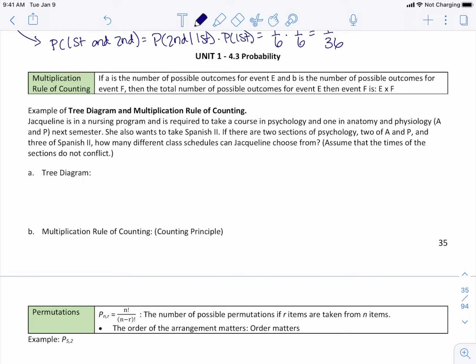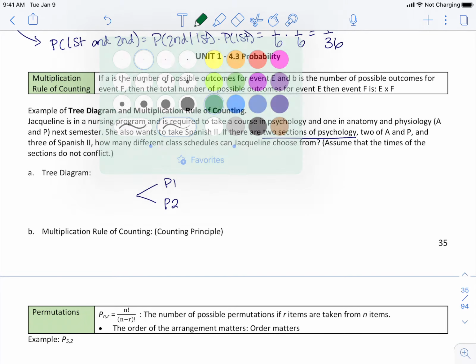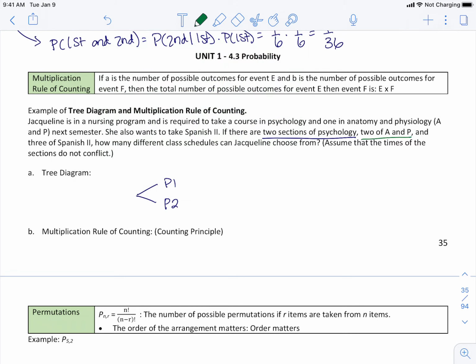So first we're going to make a tree diagram to show all of the possibilities. First we have that there are 2 sections of psychology, so we have a P1 and a P2 for section 1 and 2. Then we have that there are 2 sections of A and P, so this is A and P1, A and P2, A and P1, A and P2.